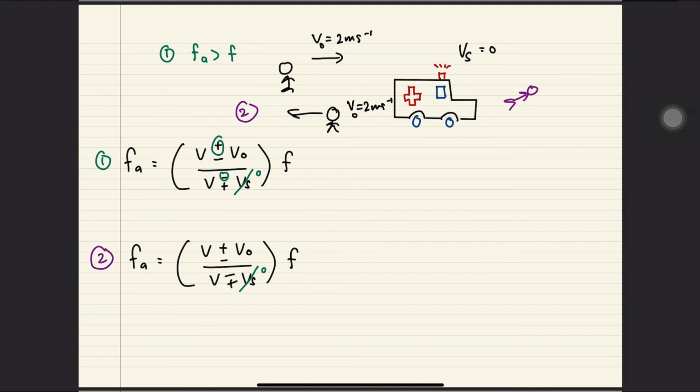Logically, when the observer is moving away from the source, the apparent frequency will be smaller compared to the actual one. So if that's the case, then you would use the bottom one. And again, the Vs is still equal to 0 because the ambulance, or the source, is not moving.